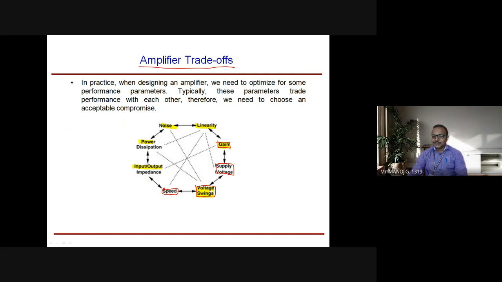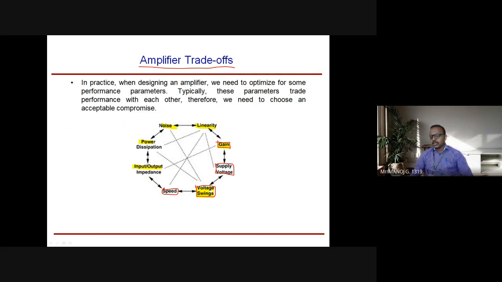Sir, the number of ports is subject to... What do you mean by that, Joel? Is the number of ports subjective? Joel, I didn't get it. Input output ports in amplifiers.